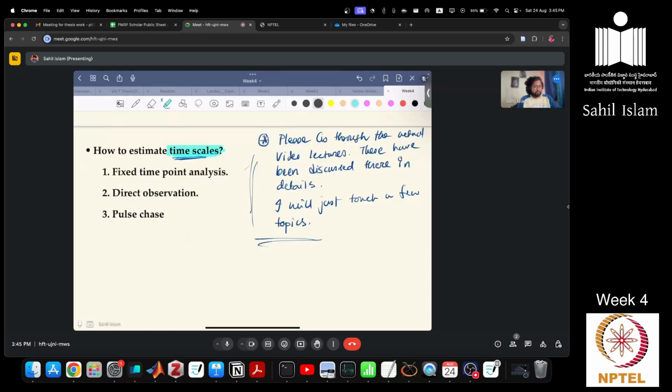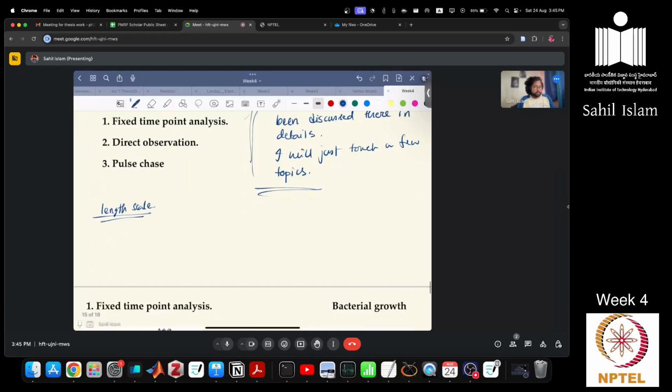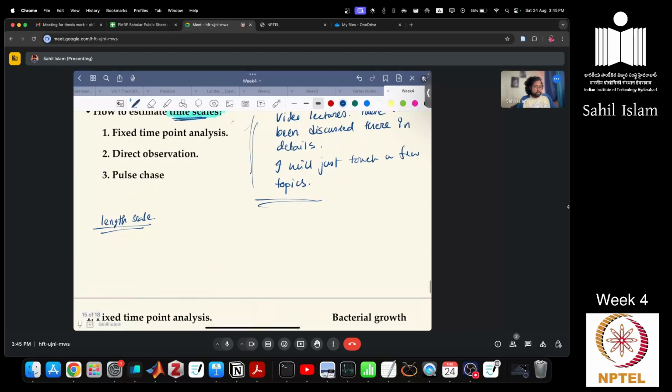To define the size of anything in this universe, we use length scale. For microorganisms, the length scales are on the order of micrometers, or for celestial planets, on the order of light years.